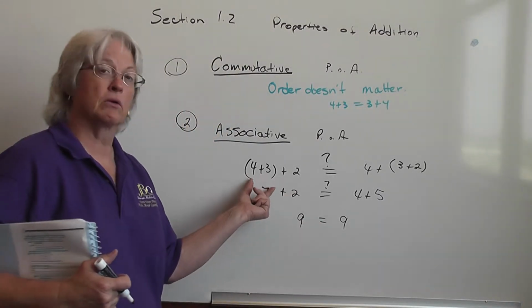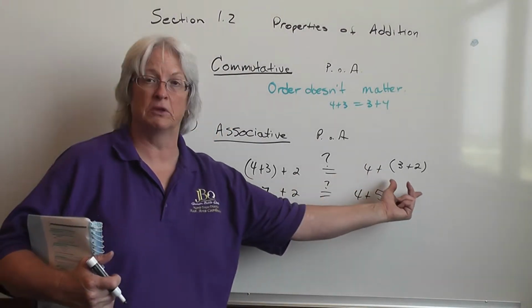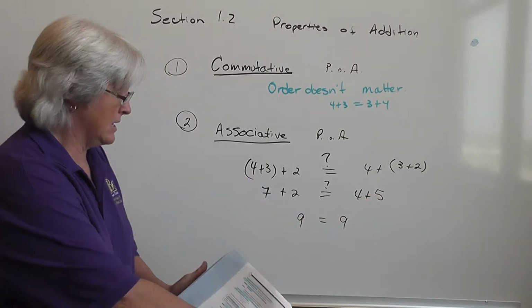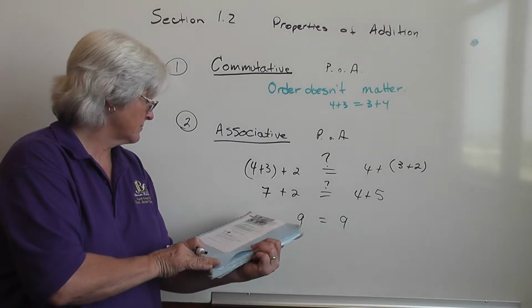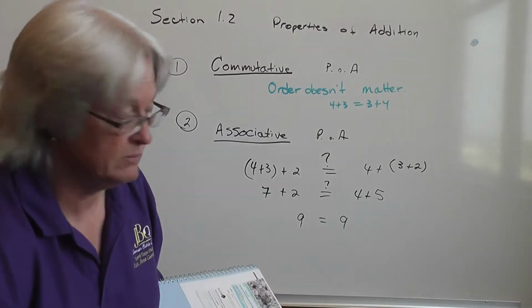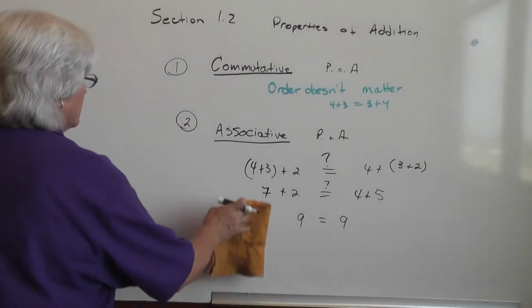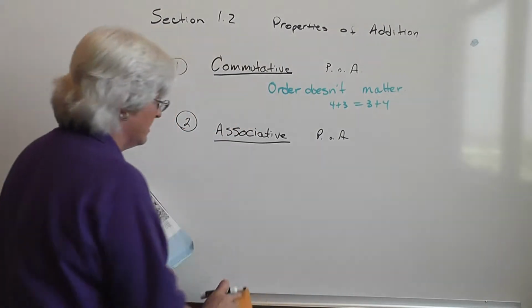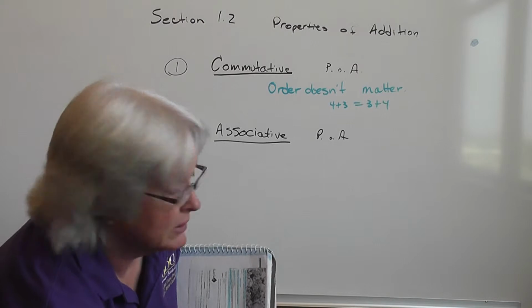It doesn't matter which pairs of numbers you group together. When you're adding, you're going to end up with the same answer. So this tells us that grouping doesn't matter.